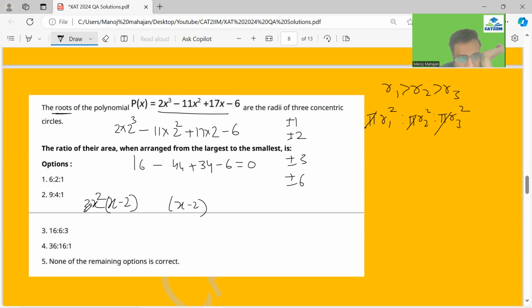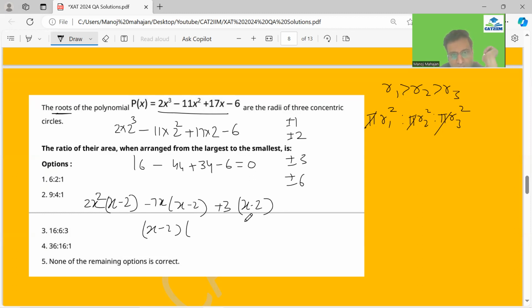And now I have minus 4x square, and this is minus 11, so I should have minus 7x out here so that I finally get minus 11x square. And now this is 14x, so I should multiply this with 3. So I can rearrange and write like this, and x minus 2 is one of the factors.